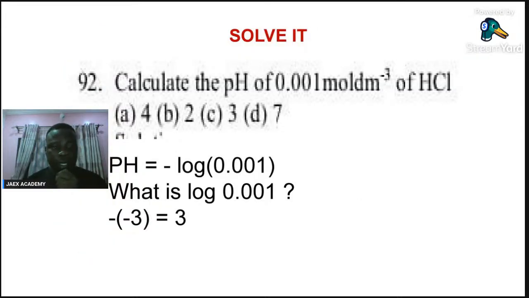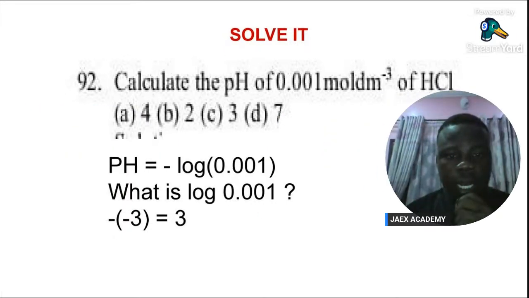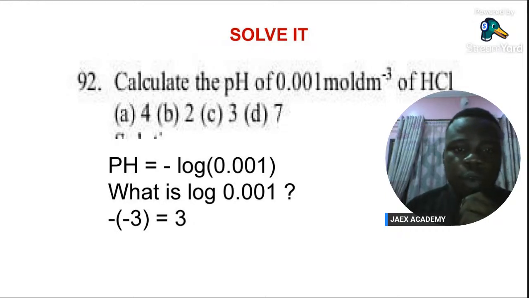Now, in our first question, they said calculate the pH of 0.001 mole per dm cube of HCl.